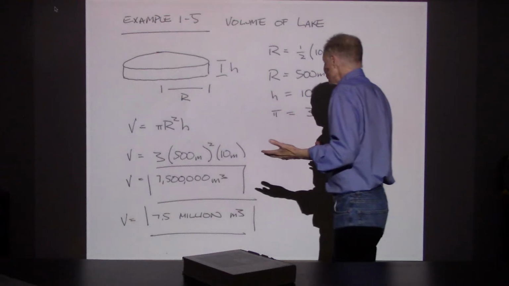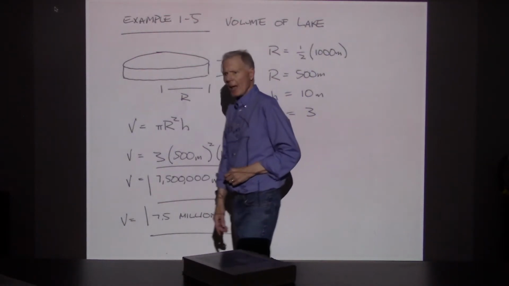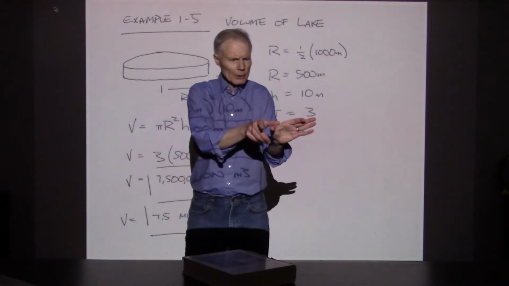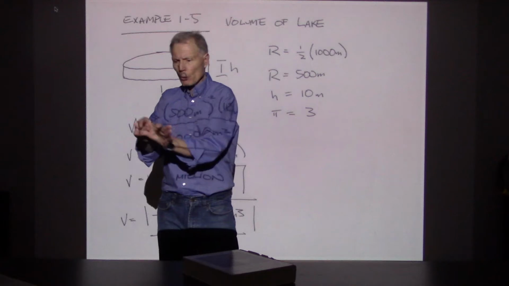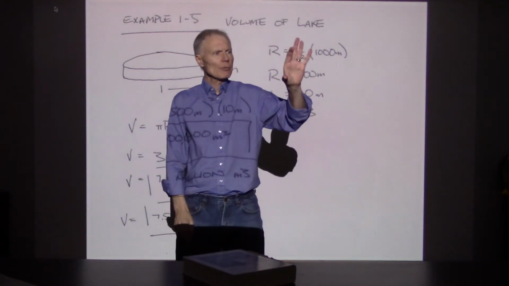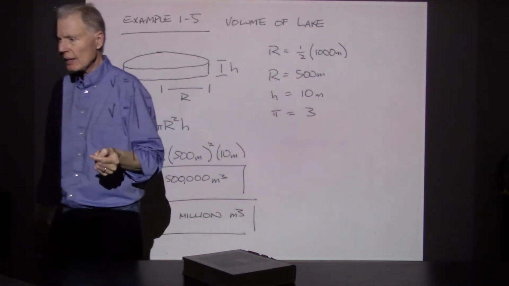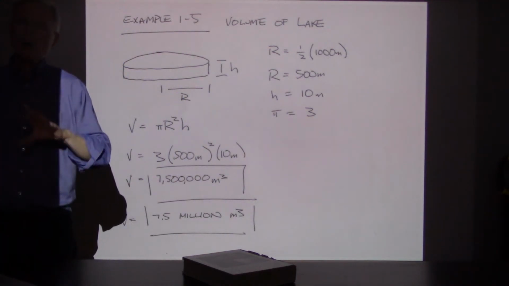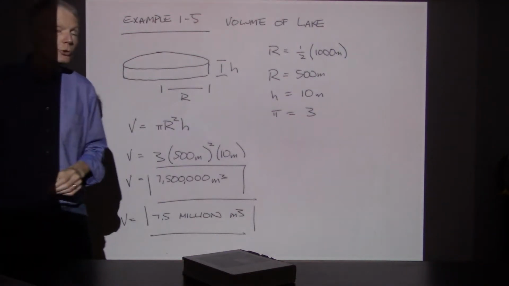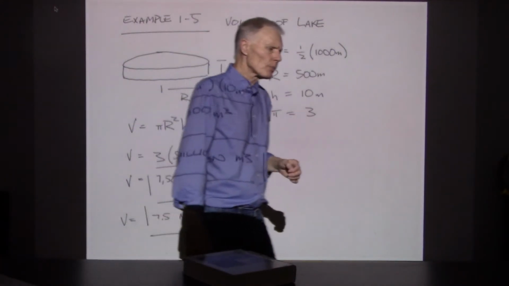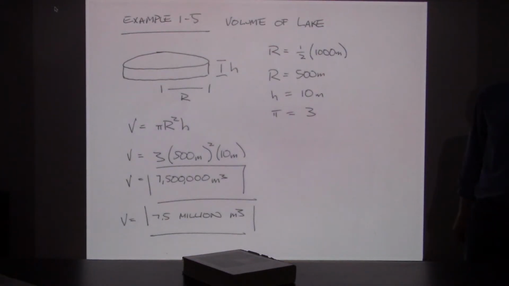Well, how many liters would fit in a cubic meter? Since a liter is 10 by 10 by 10 centimeters, I could line up 10 of those liters along each of the directions in my cubic meter. That would give me 10 by 10 by 10, that would give me 1,000. There are 1,000 liters in a cubic meter. Cubic meters are big. So a liter of water is a kilogram.